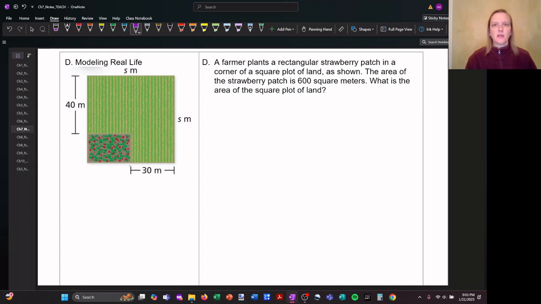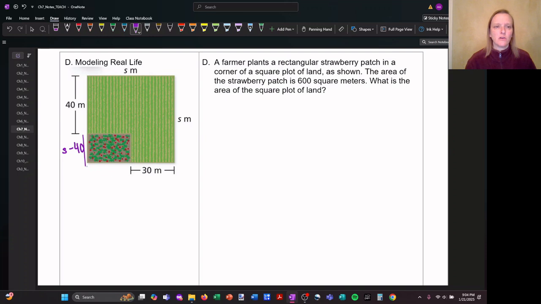Okay, so we've got this rectangle here on the side. And the length of this strawberry patch here is S minus 40, because this was a square field, and the remaining patch that isn't strawberry patch is S minus 40.